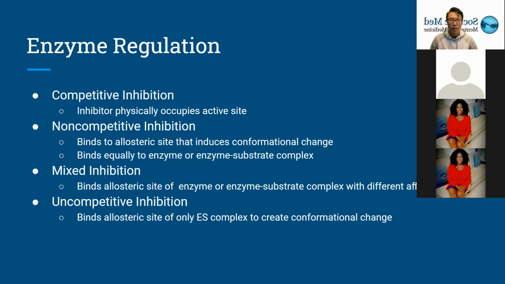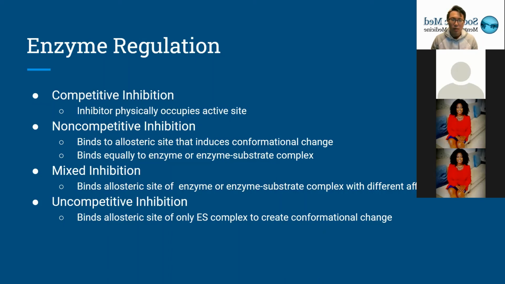And the next type is called non-competitive inhibition. This is when the inhibitor binds to what we call an allosteric site. This is a site that is not the same as the active site. The allosteric site is usually bound to certain molecules that regulate the enzyme.